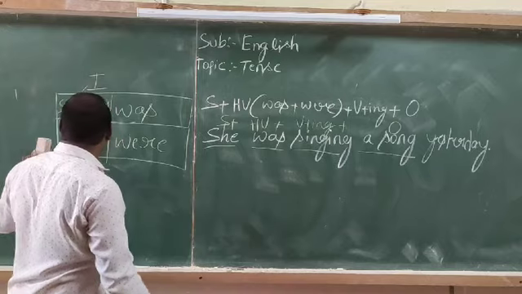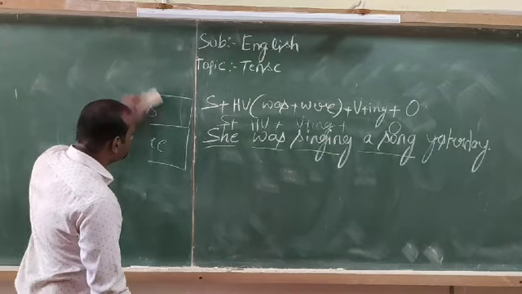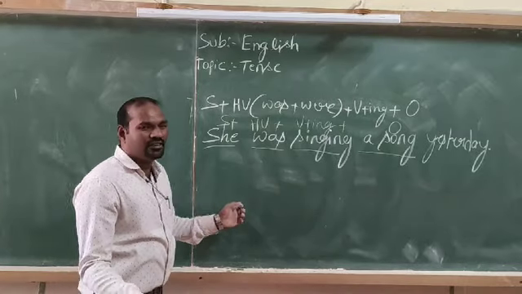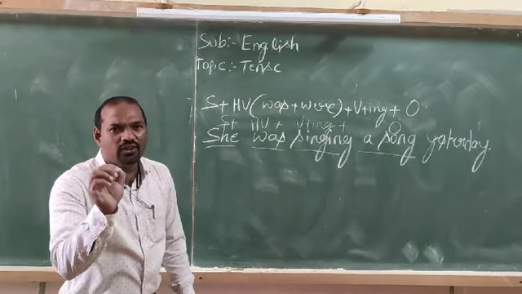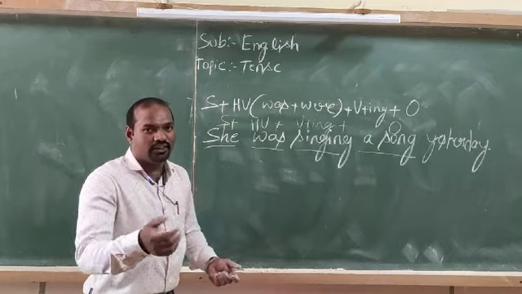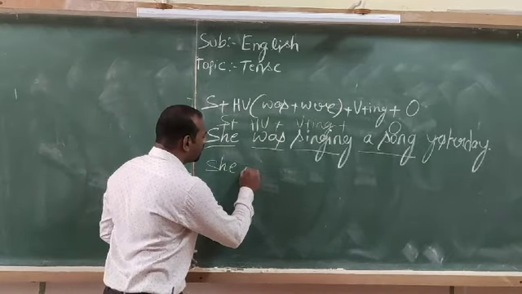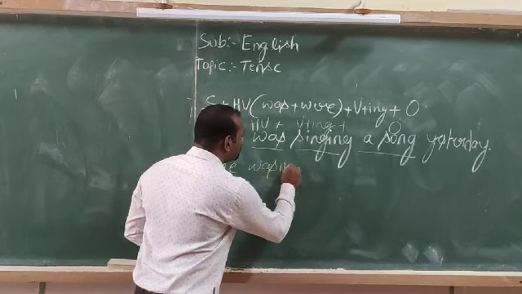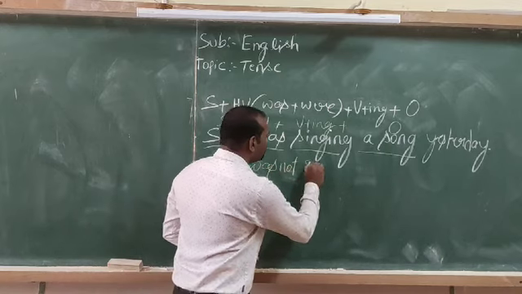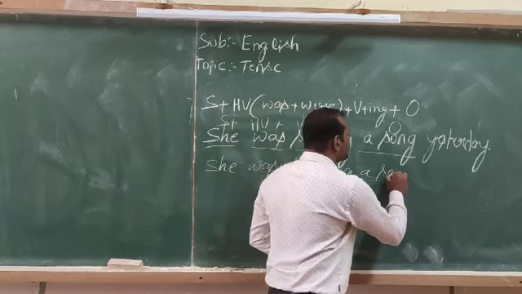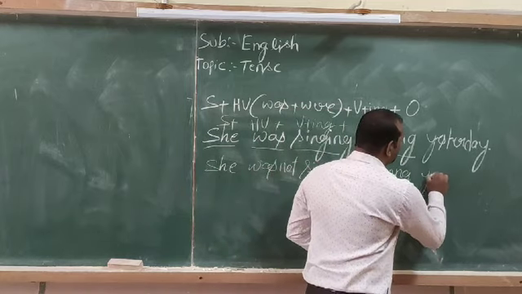Let's get into the negative sentence. So how to make a negative sentence here? It is very easy. By adding not to the helping verb, we convert it into a negative sentence. Look here. She was not singing a song yesterday.